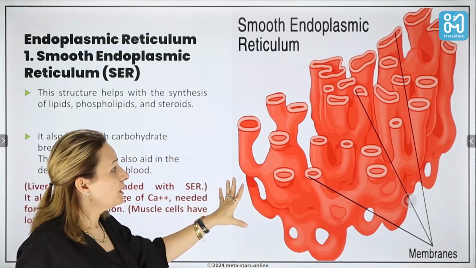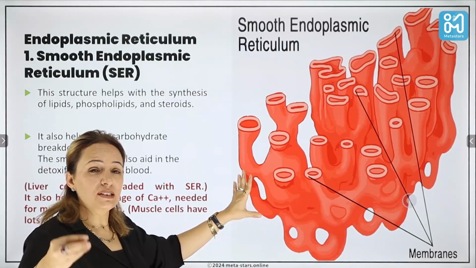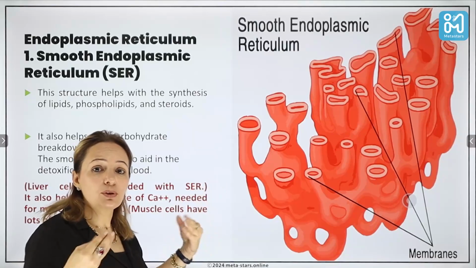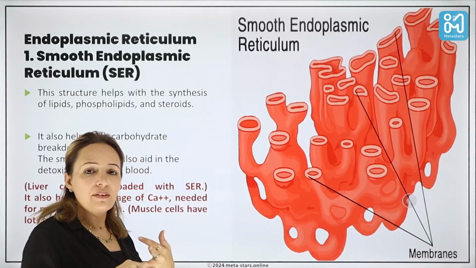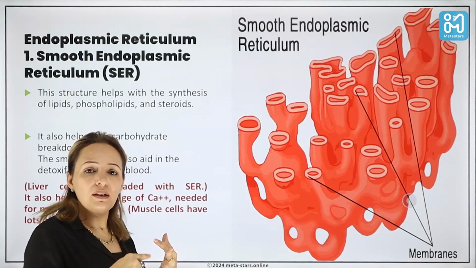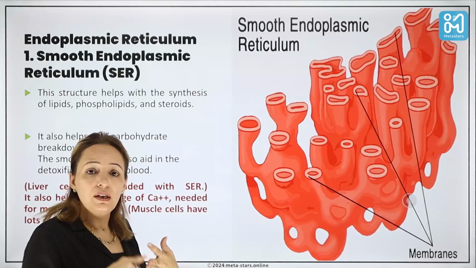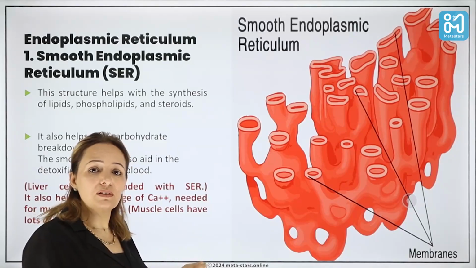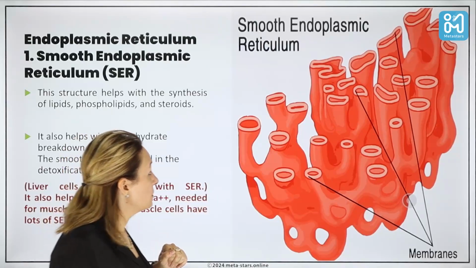And if we're talking about the function, which is the production of lipids, that means it has to be in high amounts in the cells that are producing a lot of lipids. Like, for example, the testes and the ovaries, they are producing the hormones, testosterone, estrogen, and progesterone, for example, and these are steroids. So they have to be in high amounts in these types of cells because we are producing these types of lipids.